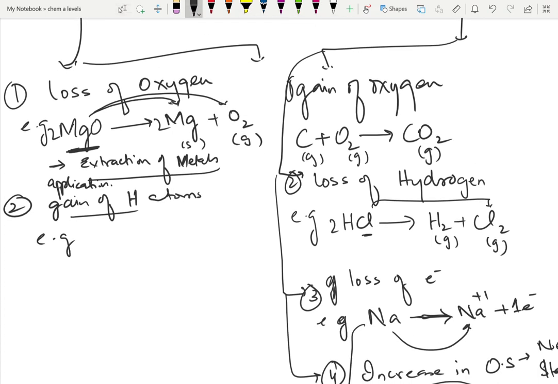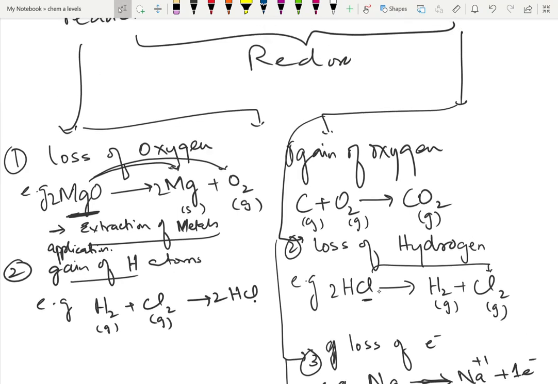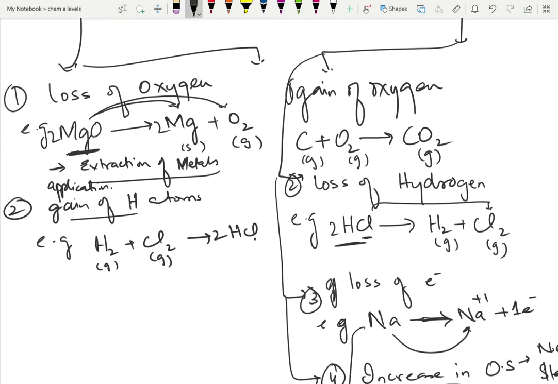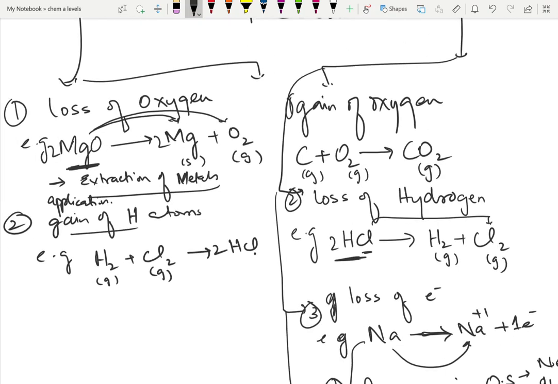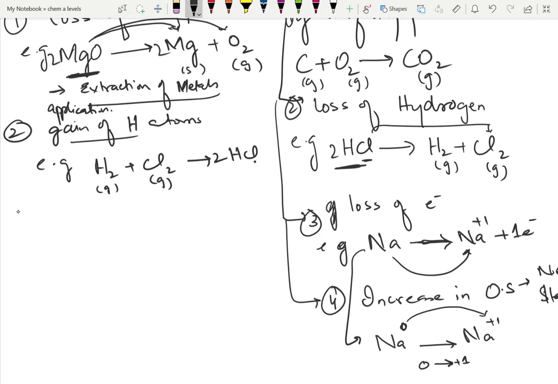For example, we write the opposite: hydrogen is added to chlorine, it forms hydrogen chloride, and this is called reduction. Previously, it was oxidation when hydrogen was removed. But if addition of hydrogen atoms is taking place, then it is reduction.